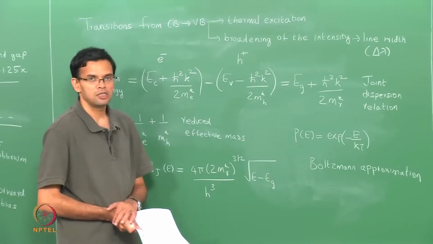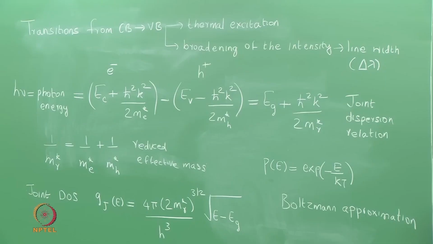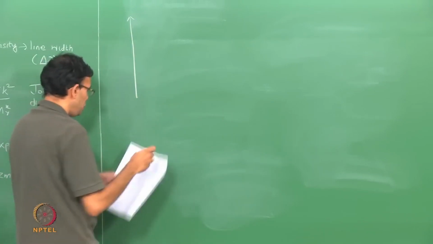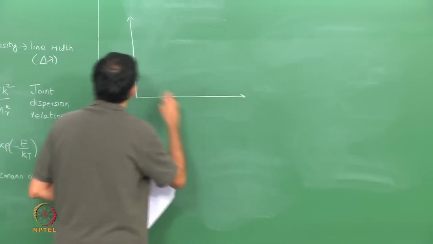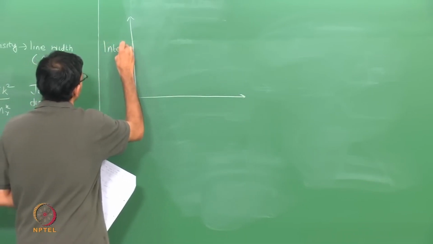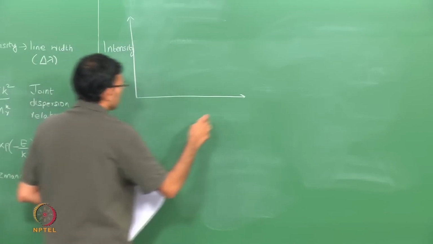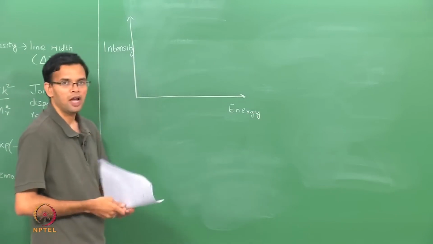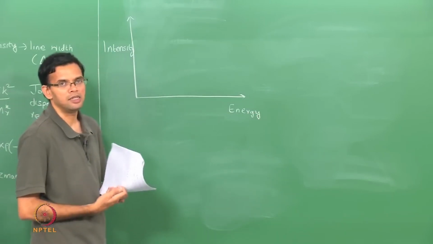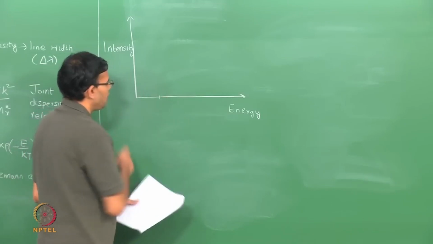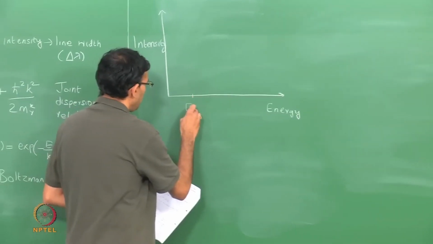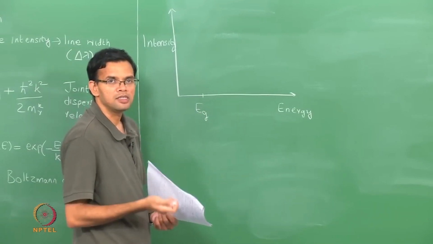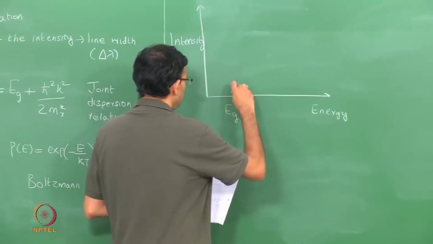So, we can show this in a graphical fashion. Let me plot the intensity versus the energy. On the y axis I have intensity, x axis I have energy. Now, we will not have any light whose energy is less than Eg, because you cannot have any states in the gap. So, the minimum energy is Eg. Now, the density of states function increases as square root of the energy.